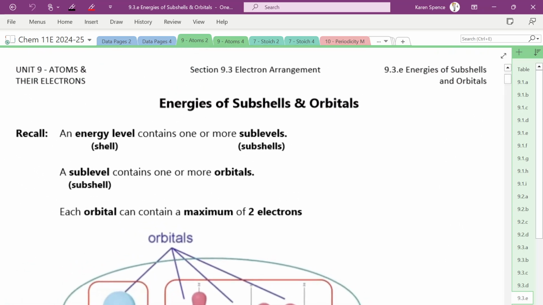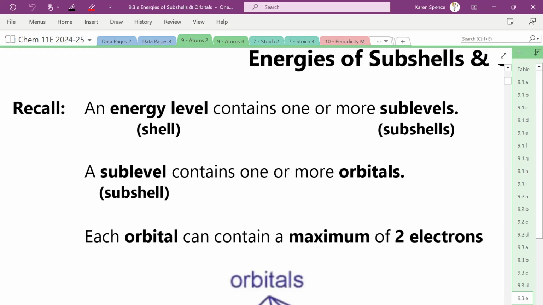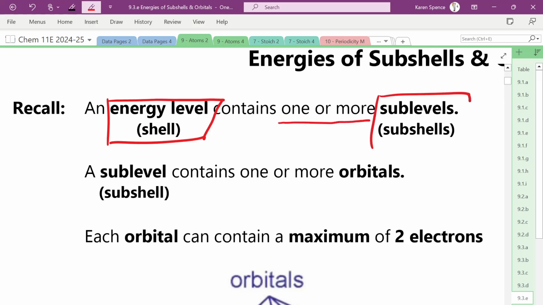And now we're on to 9.3e, which is on page 82. So an energy level, which is also known as a shell, contains one or more sublevels.